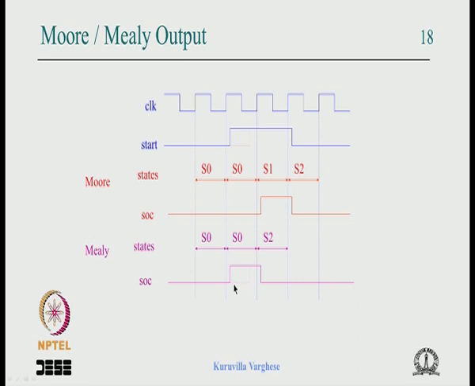So if the input is not synchronized, at the output you will get a glitch, which may not happen in the case of the Moore output. So it's bad news, but also good news. It depends on the way you look at it.